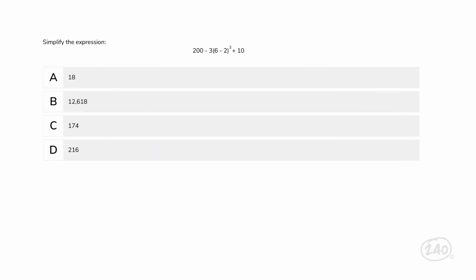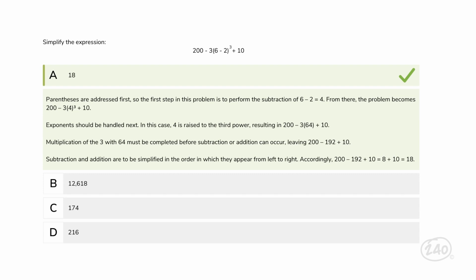How about PEMDAS? Simplify the expression. Parentheses are addressed first, so the first step in this problem is to perform the subtraction of 6 minus 2 equals 4. From there, the problem becomes 200 minus 3 times 4 to the 3rd power plus 10. Exponents should be handled next. In this case, 4 is raised to the third power, resulting in 200 minus 3 times 64 plus 10.